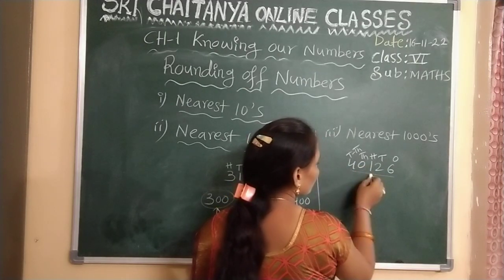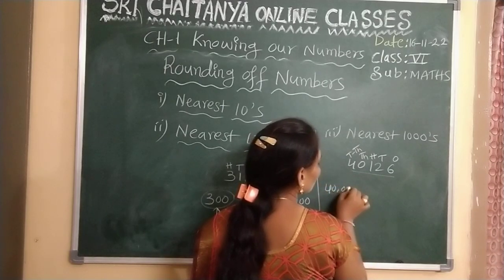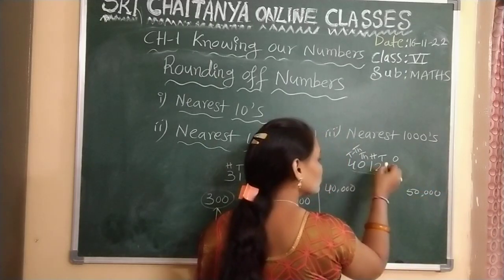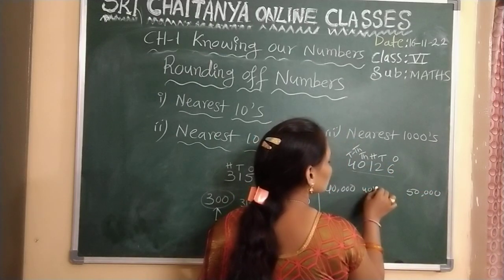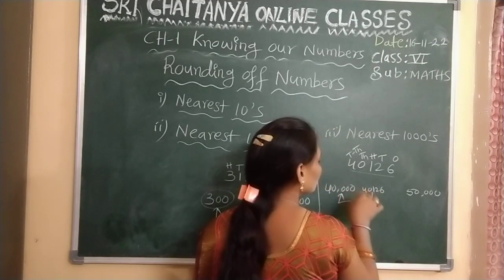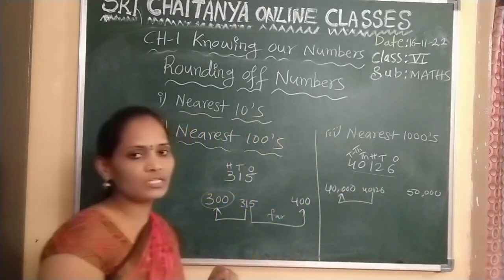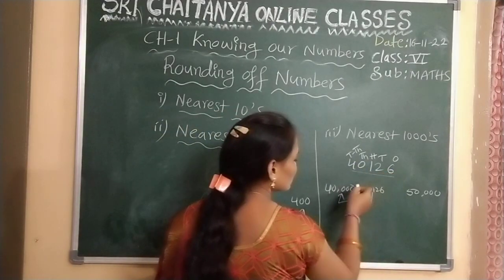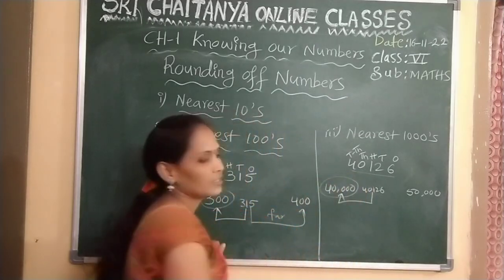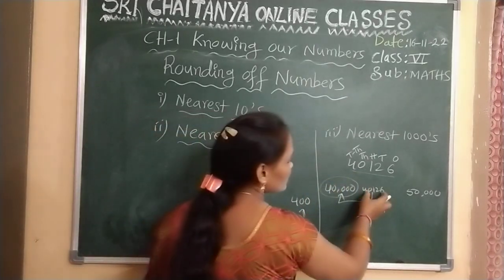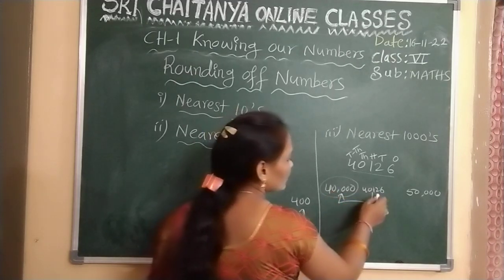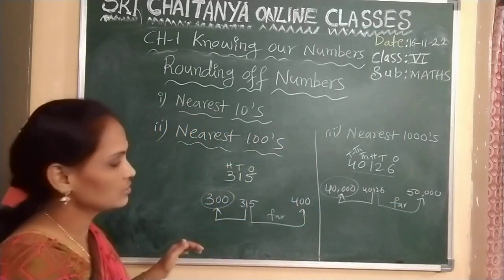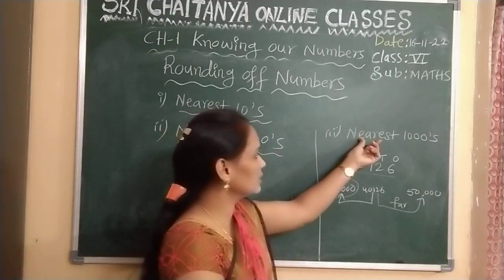Now we take this number. See, this number lies between 40,000 and 50,000. Right? Here 40,126 is near to 40,000. So the rounding of this number 40,126 is 40,000 only. Why? Because this number is near to 40,000 and far from 50,000.